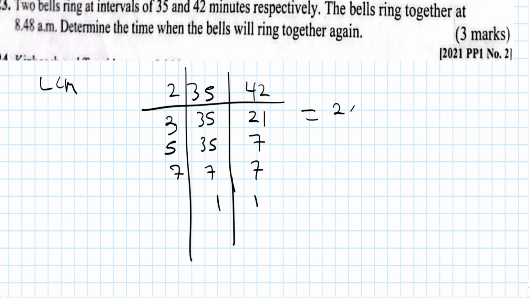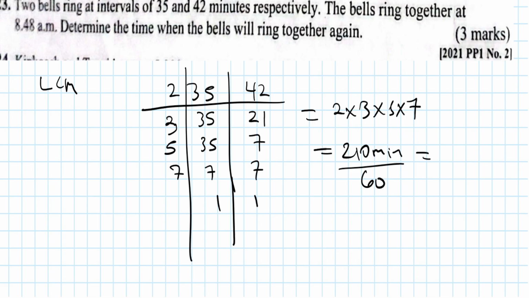So your LCM is going to be 2 times 3 times 5 times 7. So 2 times 3 times 5 is 30, times 7 is 210 minutes. So 210 minutes divided by 60 to be converted into hours, which should give us 3 hours and 30 minutes.